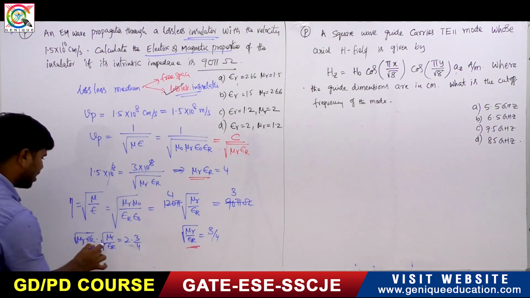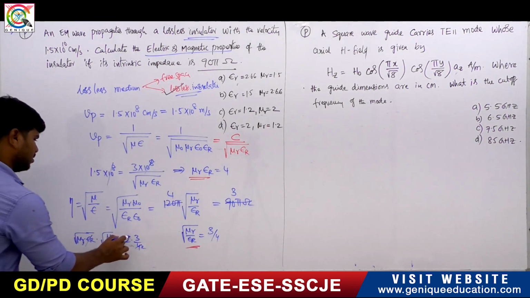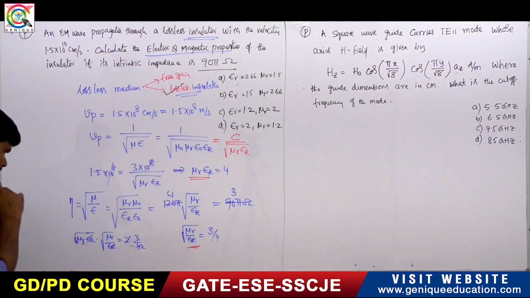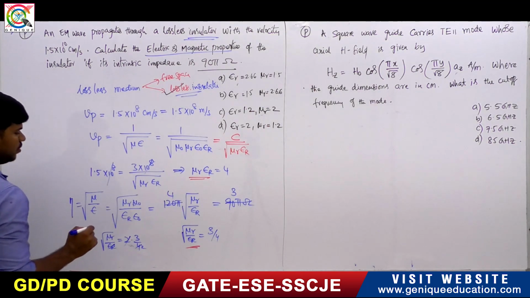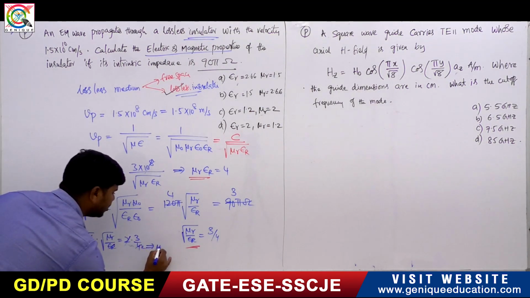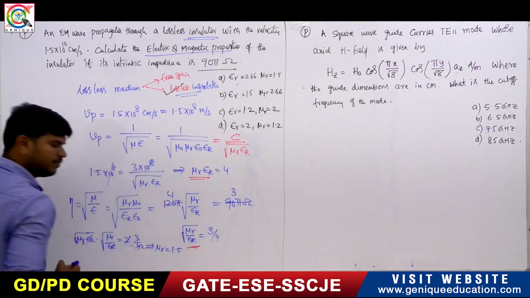So from this epsilon r gets cancelled. The 2 will get cancelled. So what is the mu r value? Here mu r is equal to 1.5.